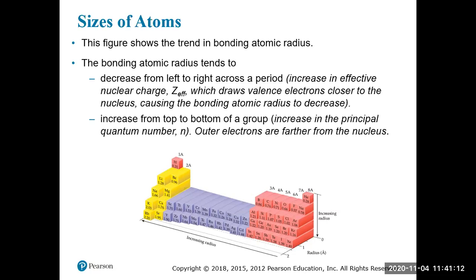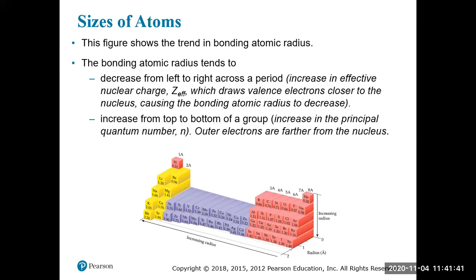Remember, we talked about how the principal quantum number, the 1, the 2, the 3, the 4 on down the line, is telling us that we're adding essentially layers of electrons on top of it. So it's just getting bigger. And as it gets bigger, those outer electrons are farther from the nucleus, and so then it becomes a bigger size of the atom.